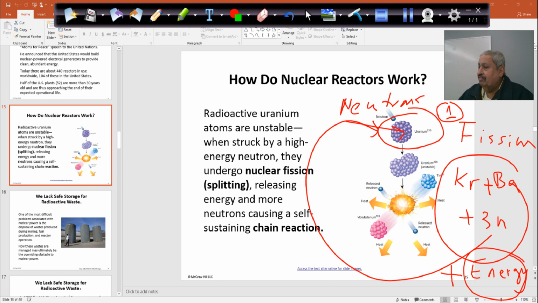However, this method, the fission method, is not good for the environment. Somebody tell me why. This is really what happens in all the nuclear power plants. That's the reaction here. Why is it not very good?